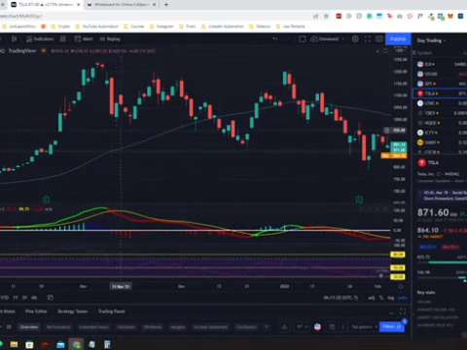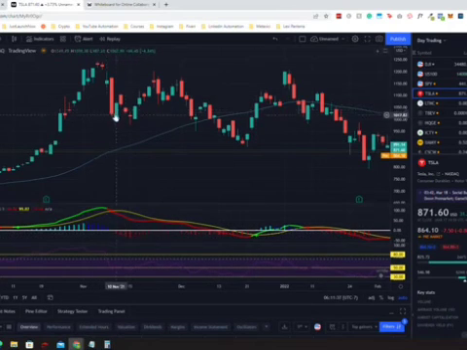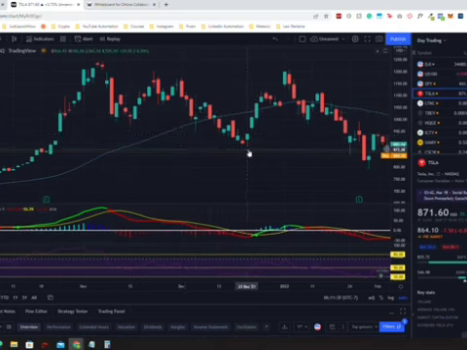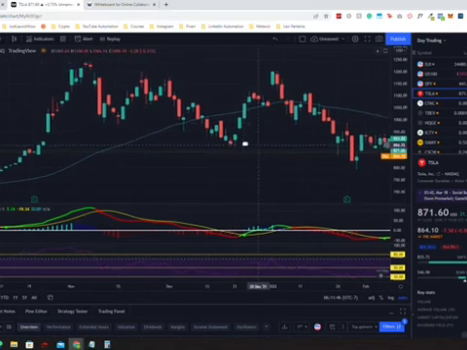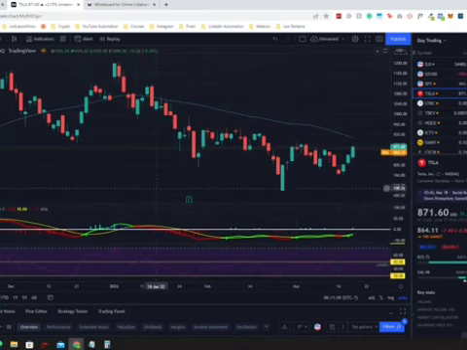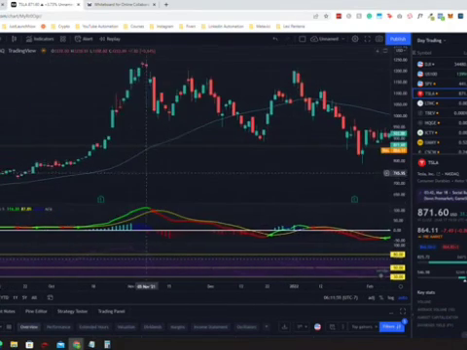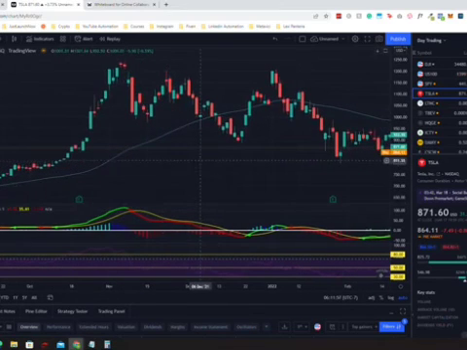If you were to make a purchase here, let's say it's at $1,000 and you held onto it, it went down, down, down, all the way to here. So if you sold it at about, let's say, 900, you would have made like $100 profit shorting the stock. If you held for longer, you would have made even more money. So that's how to read the market based on the MACD, the moving average convergence and divergence.